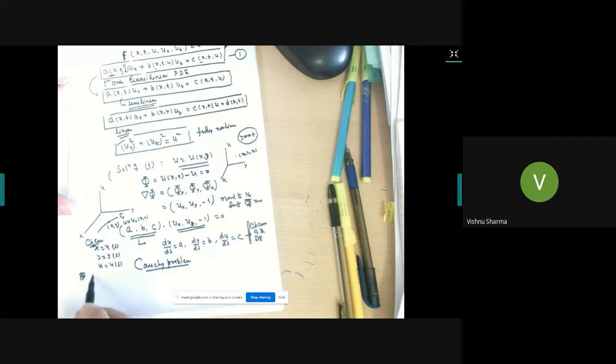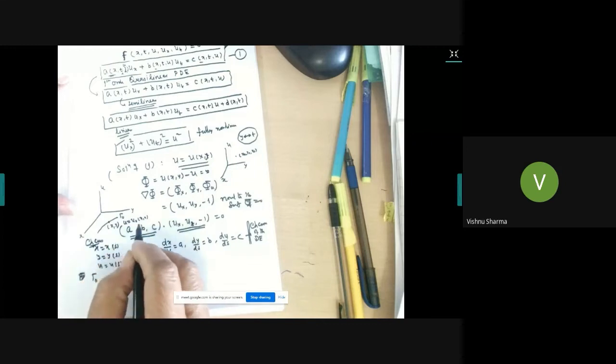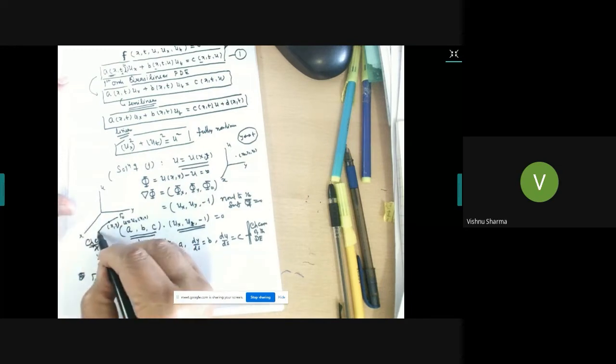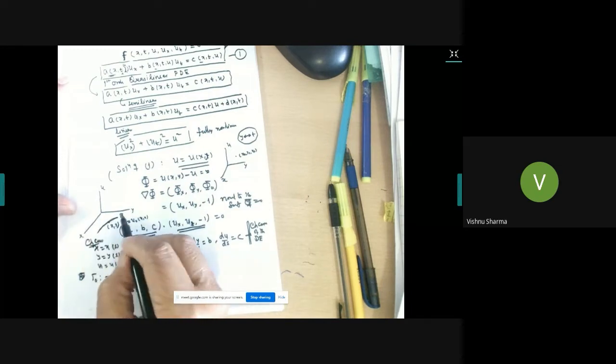Now gamma naught is the base curve, in the xy plane, so I can always characterize it: x as some function of xi, y as some function of xi, and then u is specified. So u is equal to u naught of x(xi), y(xi), which eventually is some function of xi. So this is the curve specified in the plane.